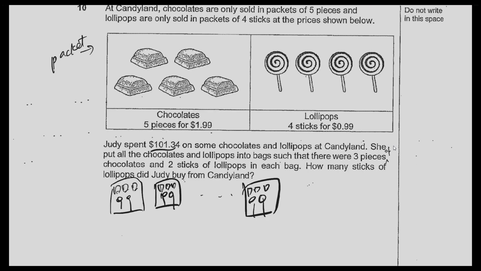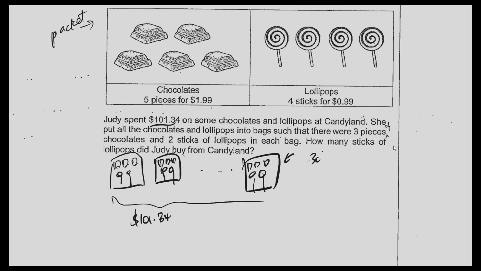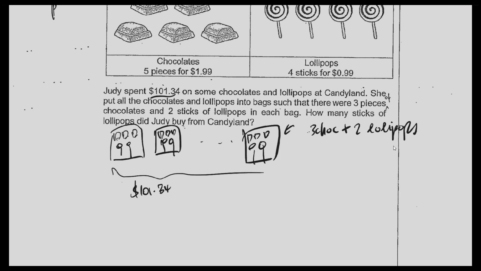She spent $101.34 in total. Naturally, we want to find out the cost of each bag first to find out exactly how many bags there are. Each bag has 3 chocolates and 2 lollipops. So we can work it out from there.